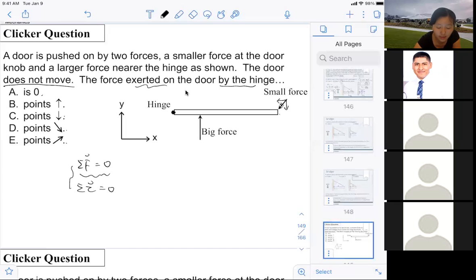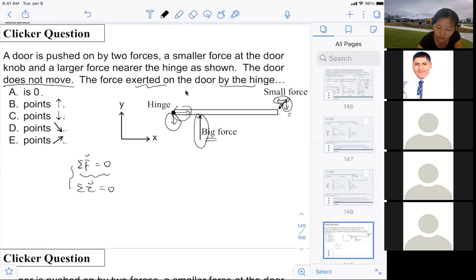All right, so Dylan said, I'm thinking it's D. So you need a force in the diagonal downward direction. Very good. That force will certainly give you a component pointing to the right, so one is to the right, one is to the left. That's balanced, good. And you also need another downward force, right? This one is downward, this one is upward, but this one is bigger and this one is smaller.